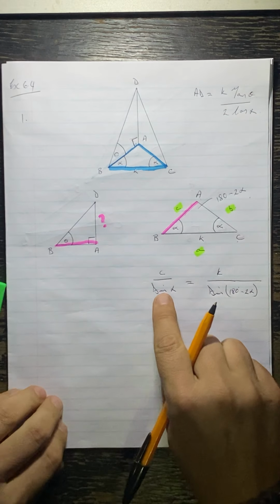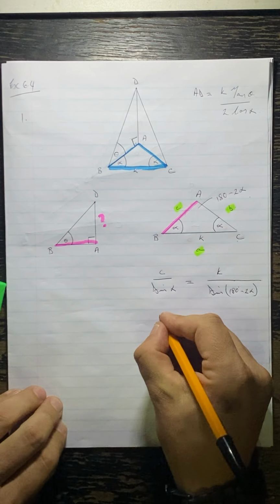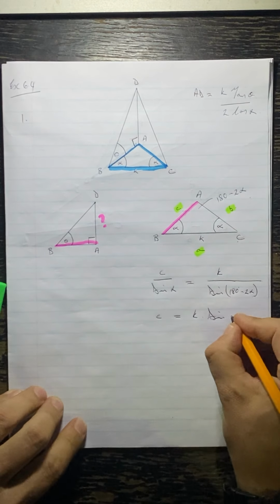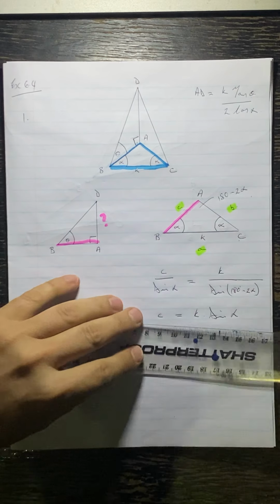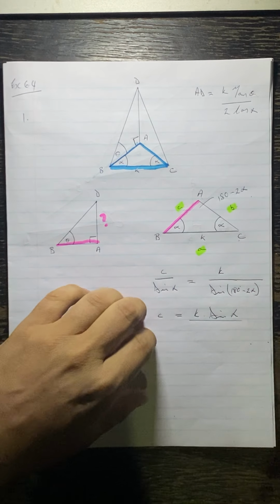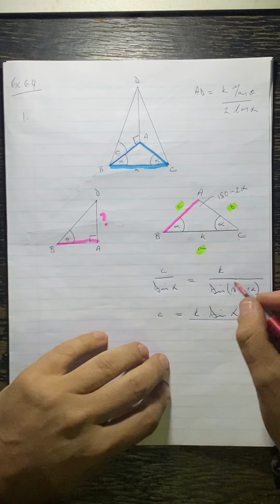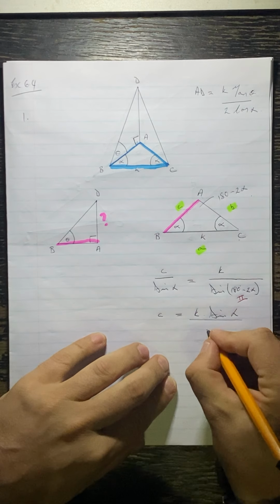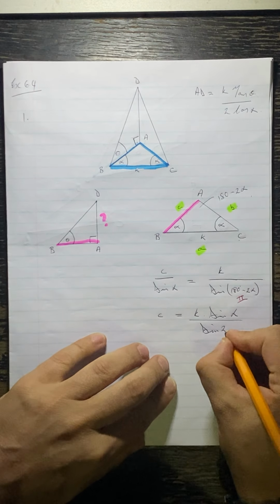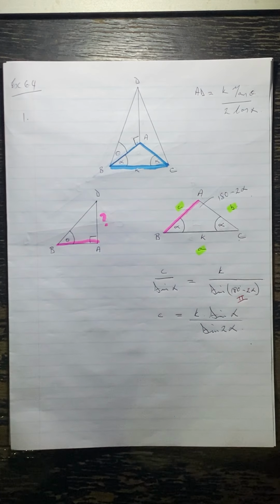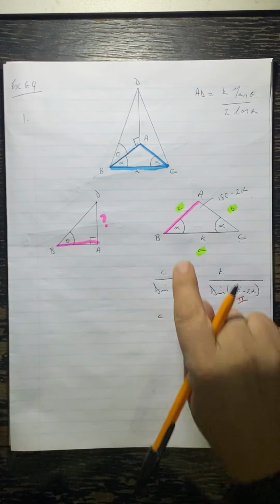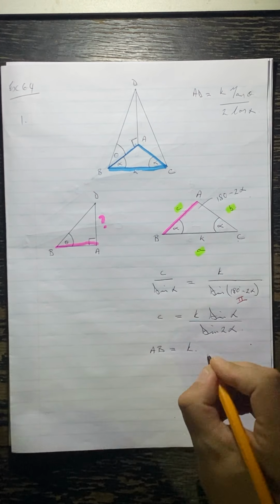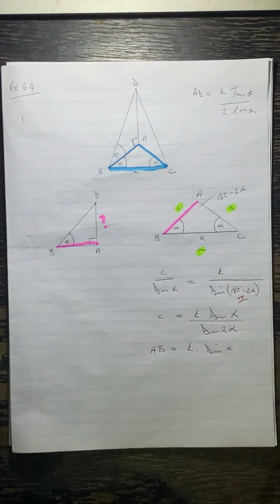I'm just going to multiply up by the sine alpha, and we get little c is equal to k times sine alpha over. Now, 180 minus is in the second quadrant, and sine in the second is positive, so I can just reduce this to sine 2 alpha. My little c is AB equals k sine alpha over.